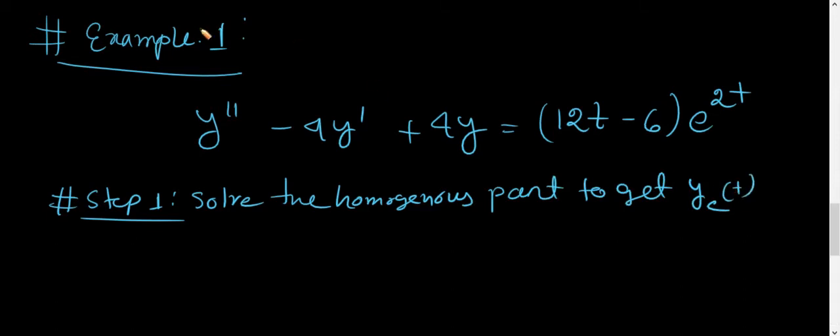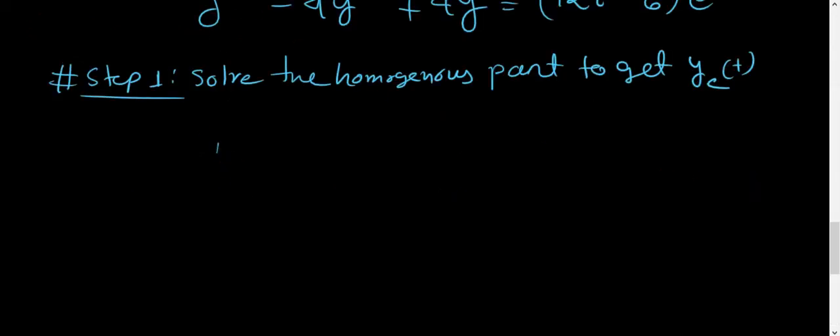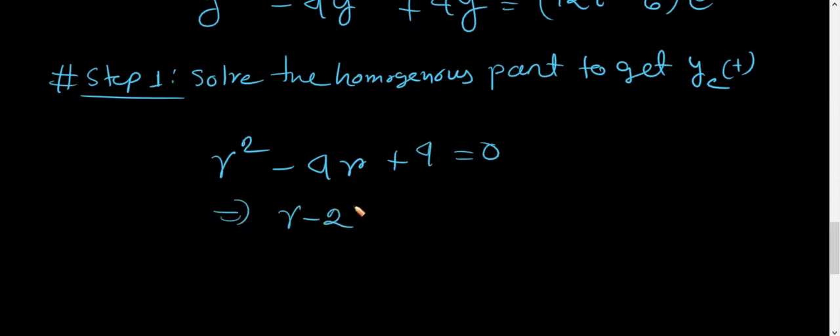So how to do that? That's pretty easy. This is just y double prime, so it will be r squared minus 4r plus 4 equals 0; I'm writing down the auxiliary equation directly. So this means (r minus 2) whole squared equals 0.